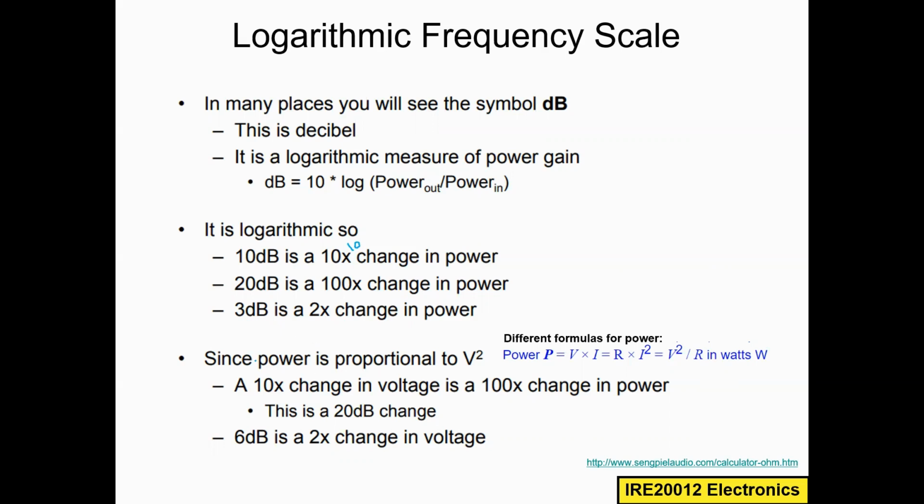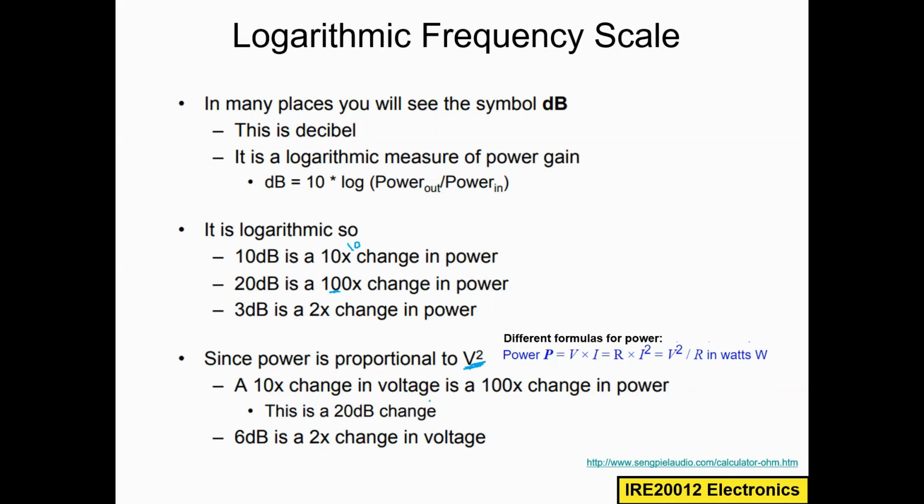Since power is proportional to V square, 20 dB represents 100. Why? Because power is always proportional to voltage square. So 10 times 10 is 100.